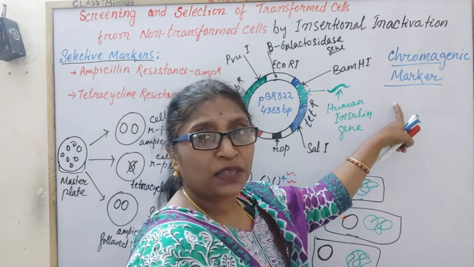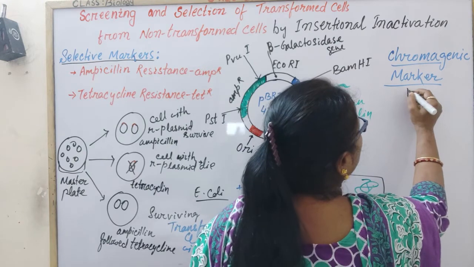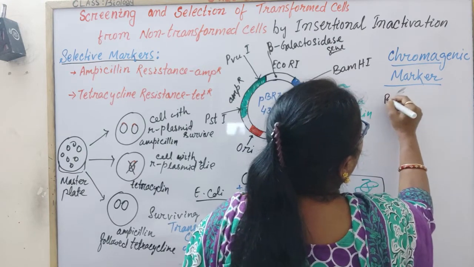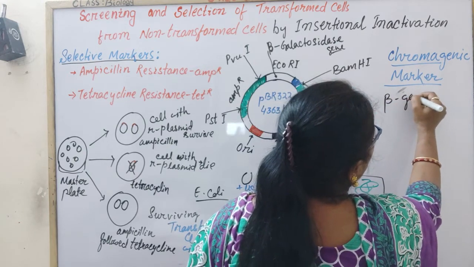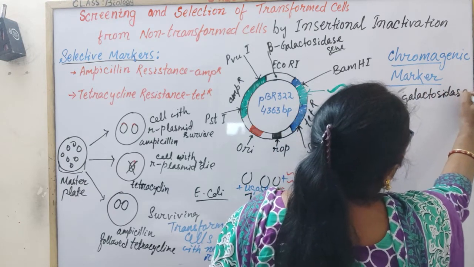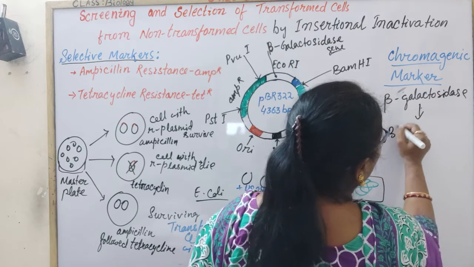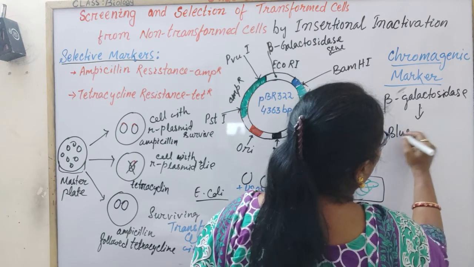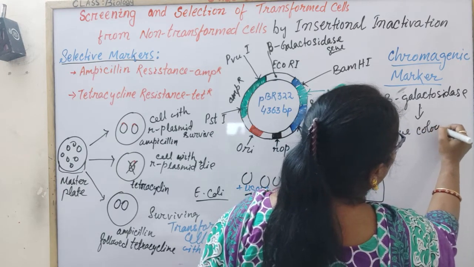The beta galactosidase gives the blue coloration of the E. coli colony.